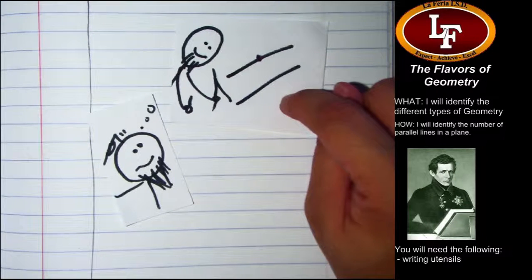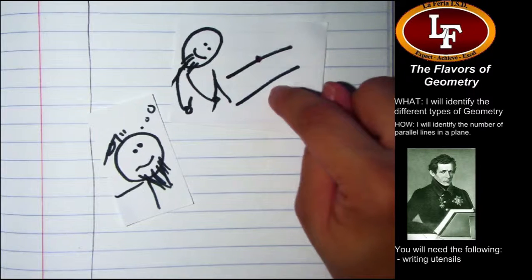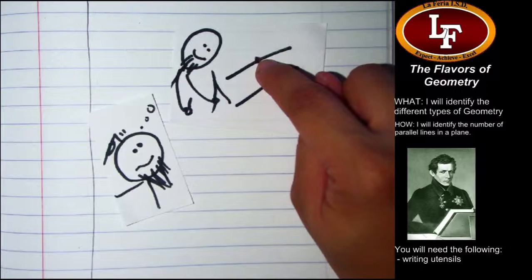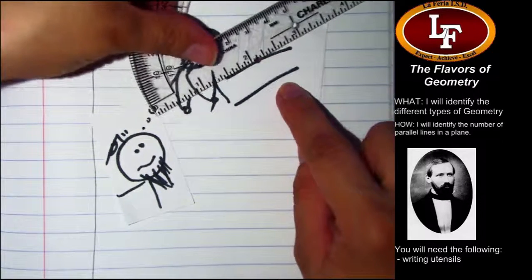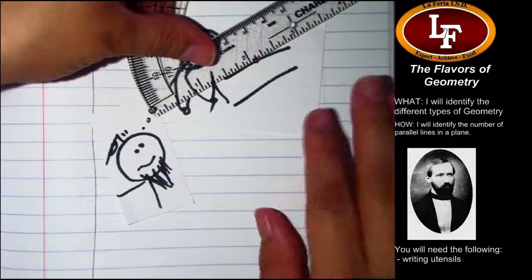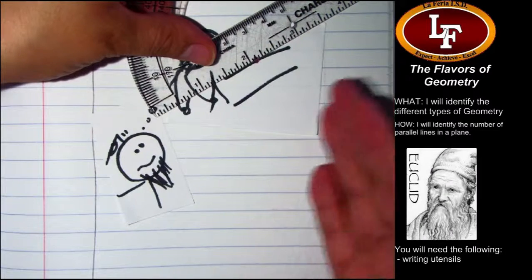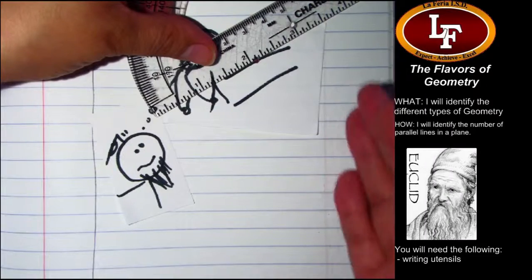How many lines parallel to this first line can you draw through that point? One. No, none. Only one. Yeah, only one, because look, he drew it. It's right there. Okay, my line isn't straight, but just pretend it is. And that's what he said.